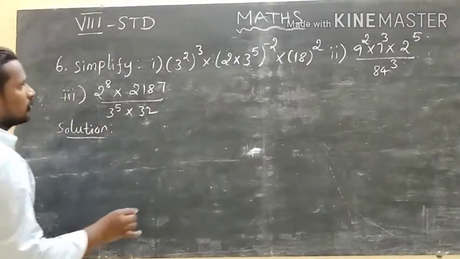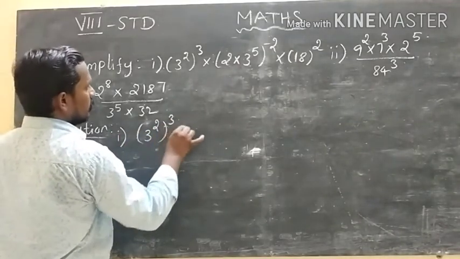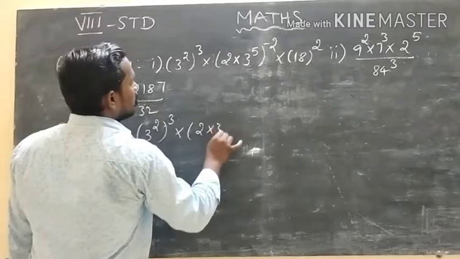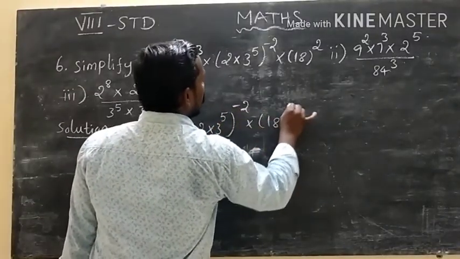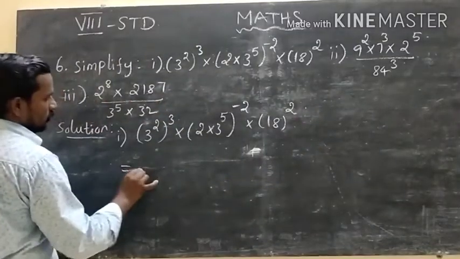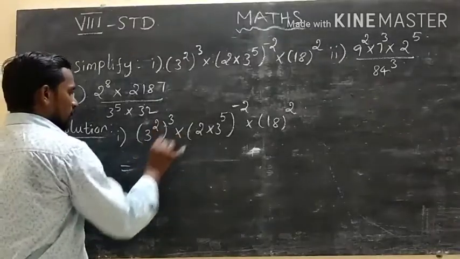Simplify the answer. First one: (3 power 2) the whole power 3 into (2 into 3 power 5) whole power minus 2 into 18 power 2, which is equal to, using the power rule, 2 into 3, 2 3s are 6.